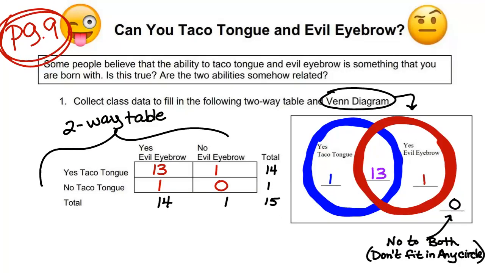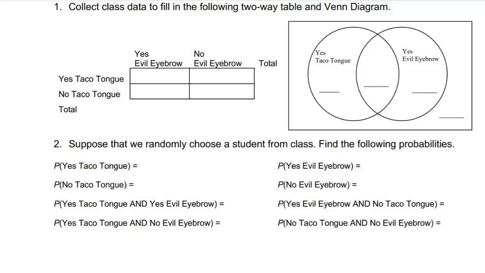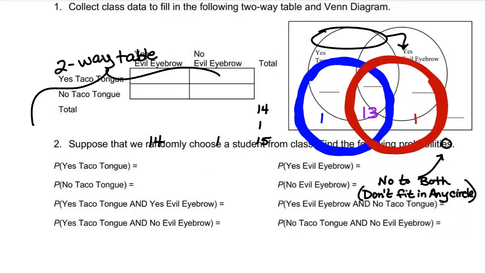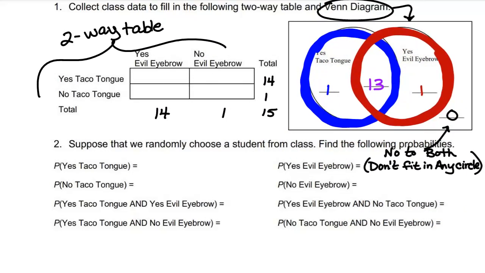Here, let me grab all those numbers again so that I don't have to keep going back and forth. And I'm going to erase this for now so that I don't run into that.